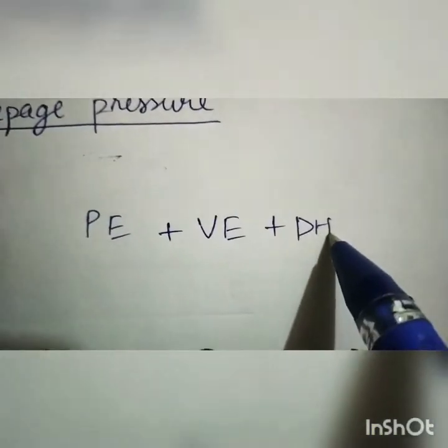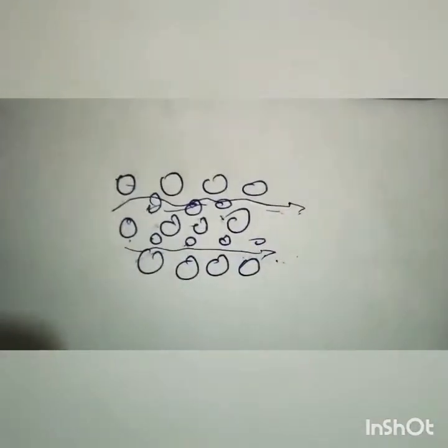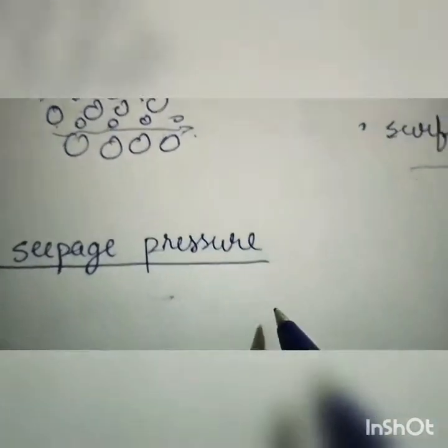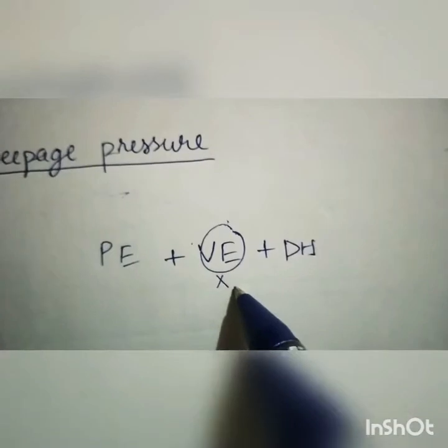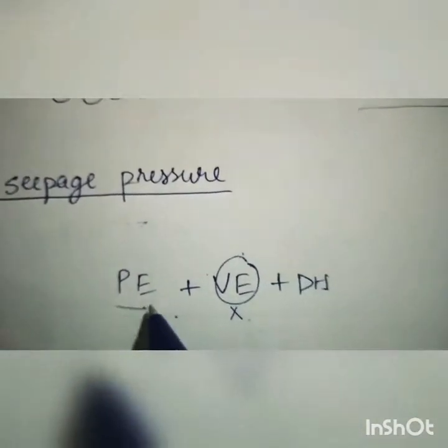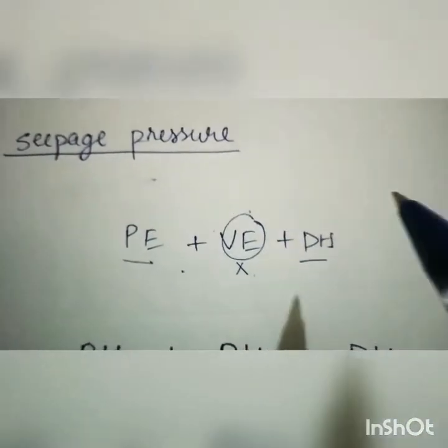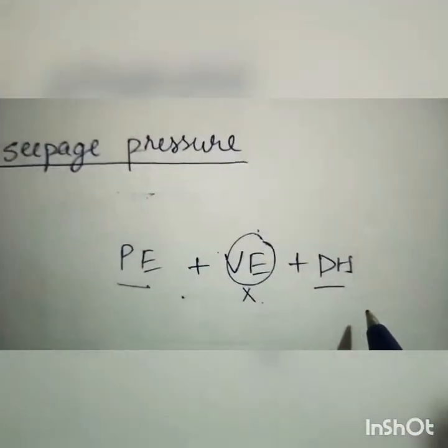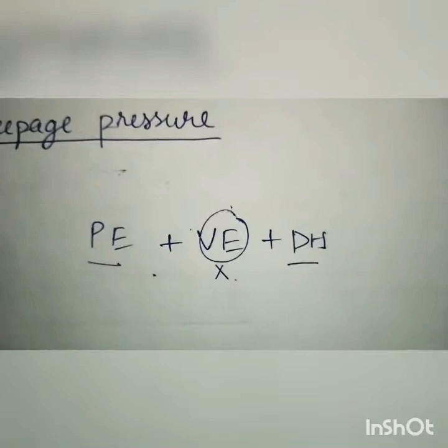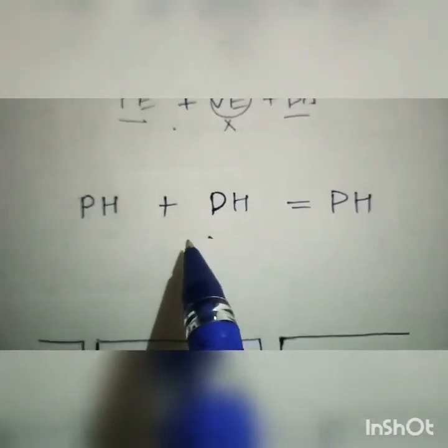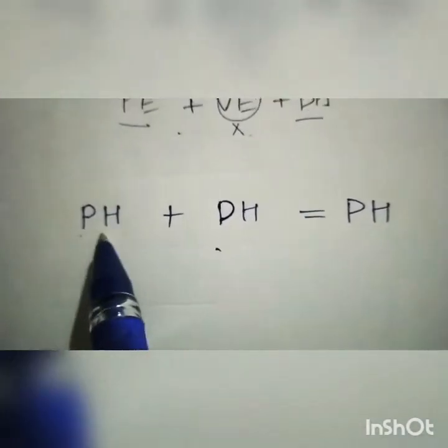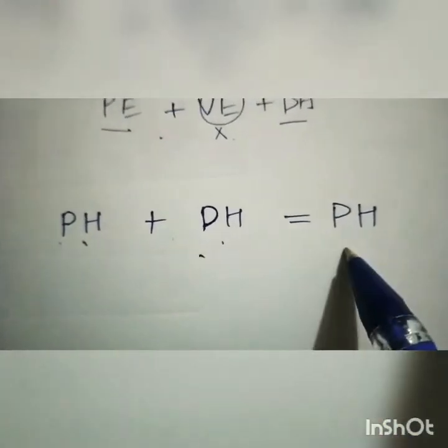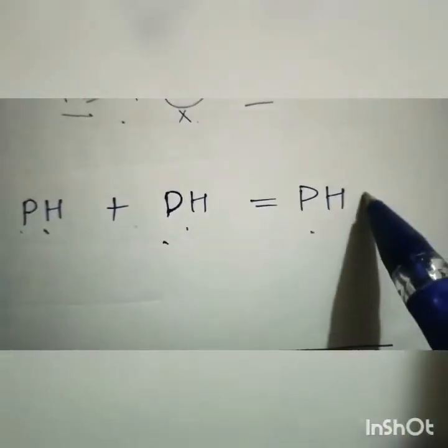Since the water flows gradually, we can neglect the velocity energy, so we are left with pressure energy and datum head. So that gives us pressure head plus datum head is equal to h, that is piezometric head.